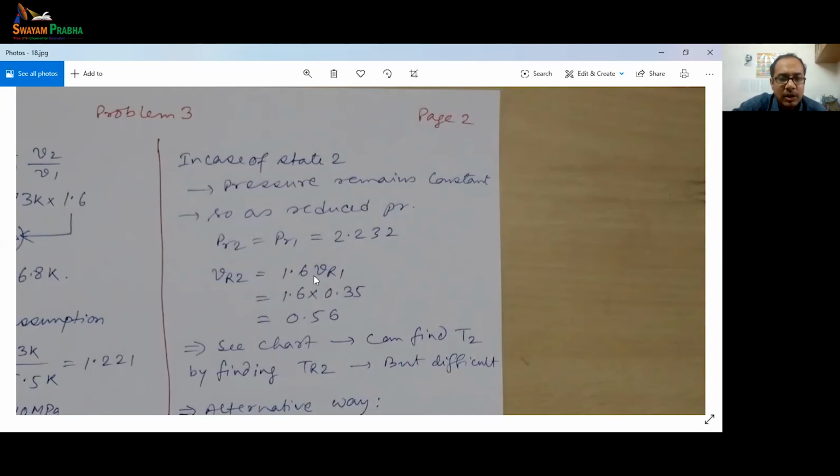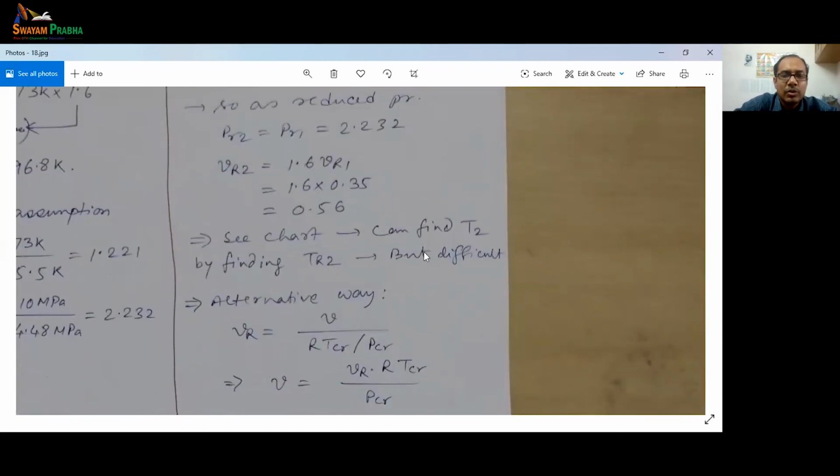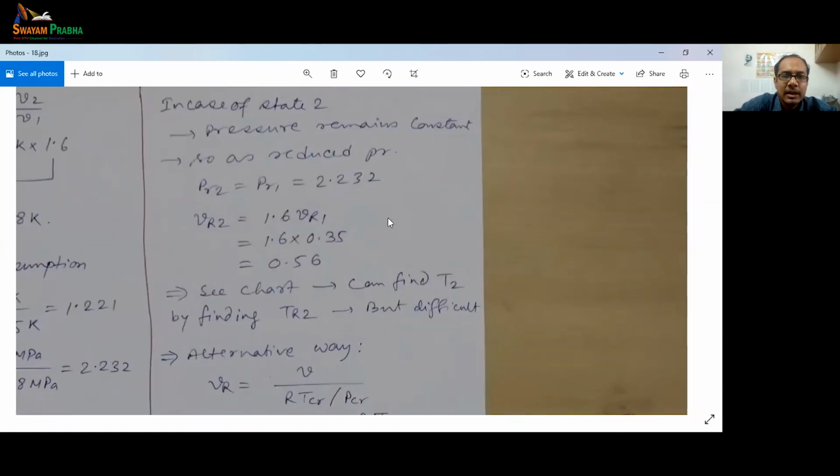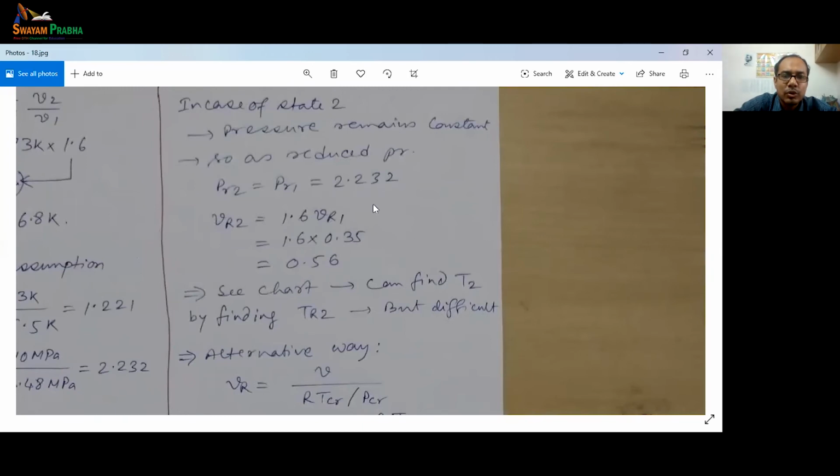And VR2 is nothing but 60% more than VR1, so that means 1.6 times VR1. So VR2 is 0.56. Now we know PR2 is 2.23 and VR2 is 0.56, and we can go back and find the temperature.